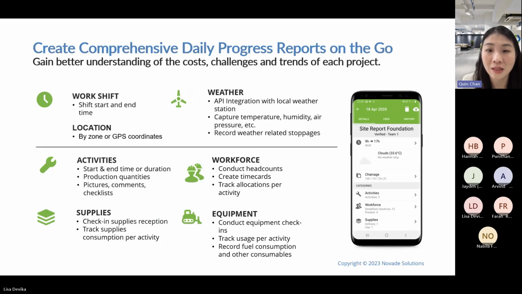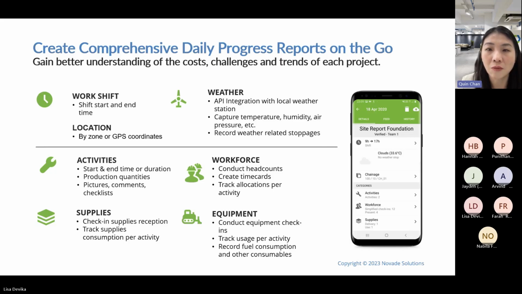Then plant and equipment are also very important parts. You can also document all the equipment usage, for example models, numbers, operating hours, and even maintenance schedule. All this information you can record in this site diary component.